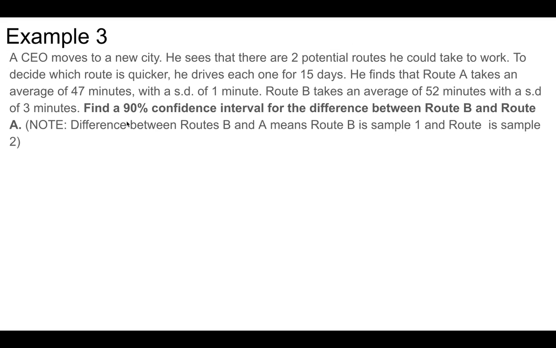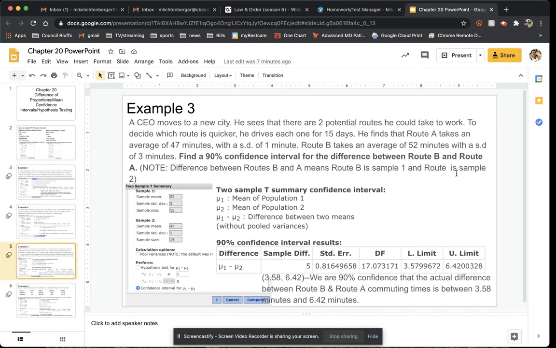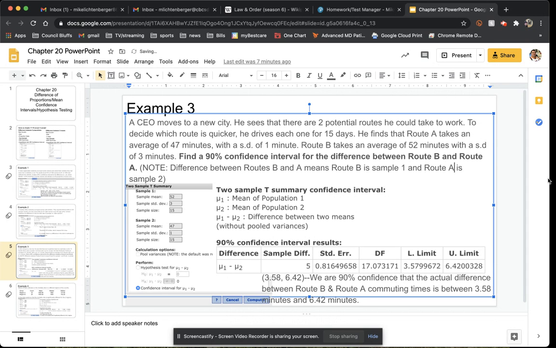But notice in this case it says the difference between Route B and Route A. So when I go to stat and I go to T-stats to sample with summary, notice I put Route B as sample 1. Because the question said the difference between Route B and Route A, that means Route B has to be sample 1 and Route A has to be sample 2.